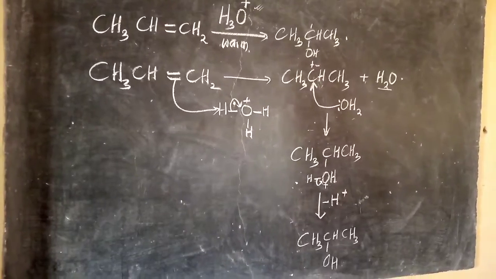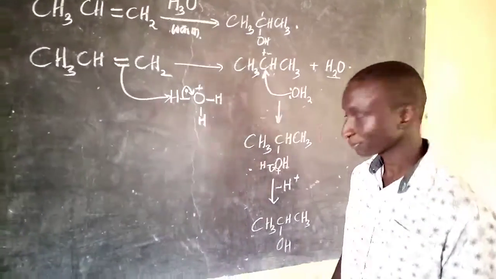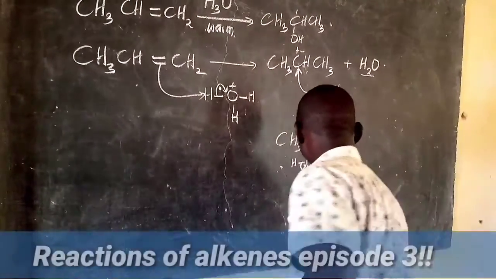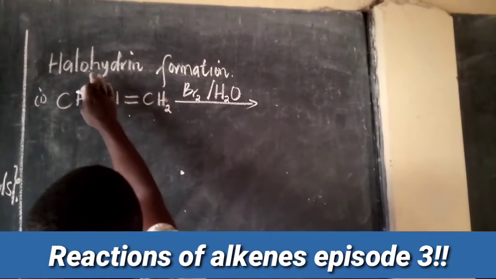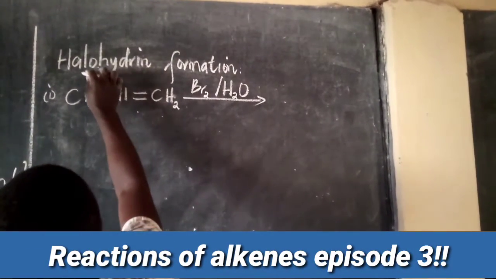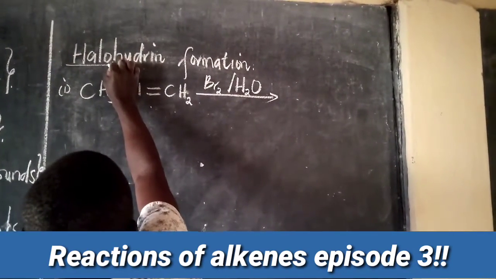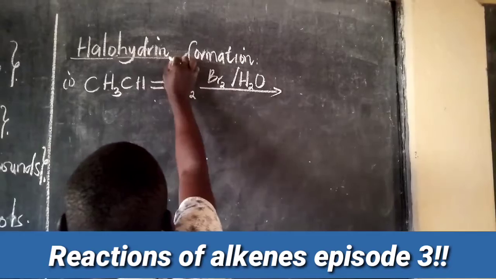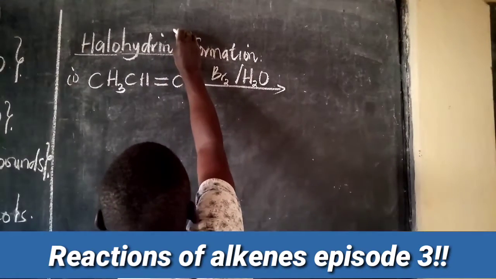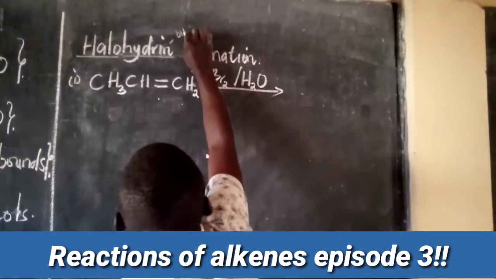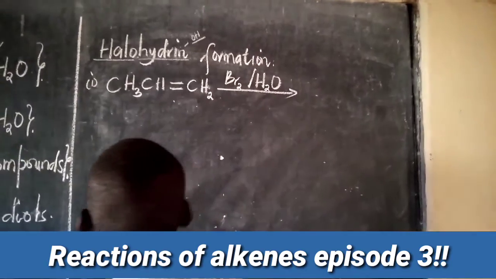Let us now bring in the halohydrin formation. When we brainstorm, the meaning of halohydrin formation tells us that our product will have a halogen attachment. At the same time, the hydrogen tells us that we shall have the OH functional group present in whatever we shall be forming.